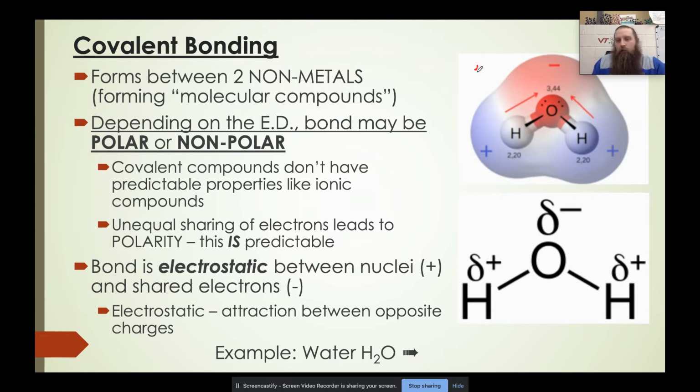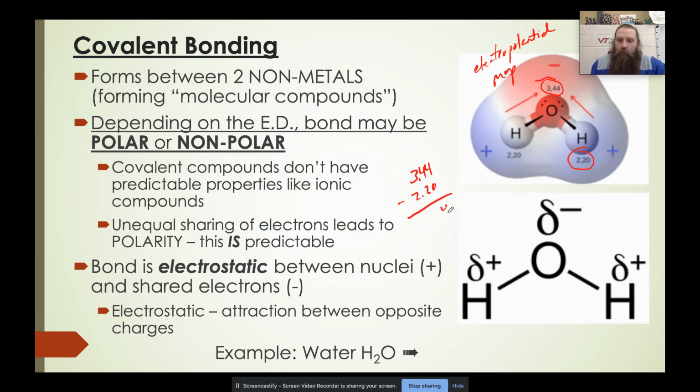This is called an electrostatic potential map. Red is indicating regions of negative charge. Blue is indicating regions of positive charge. And here you can see the electronegativity numbers, the Pauling values. So 3.4.